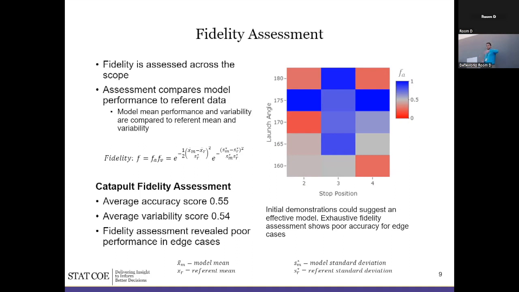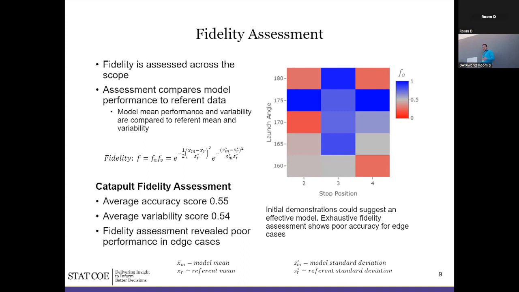But when we do a more comprehensive assessment, looking across the entire space, we see that edge cases become a problem. When we have extreme inputs from multiple of our conditions, our physics-built model fails, right? And so as you do the comprehensive assessment, we get a hard hit to fidelity because of those edge cases.